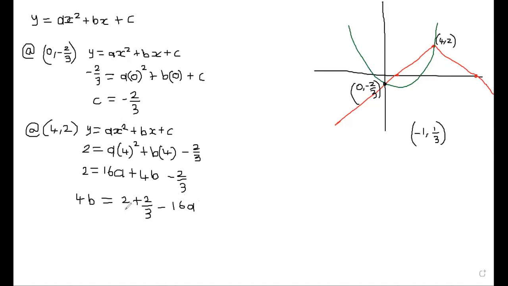Okay, now I want us to add this. It's like saying 2 plus 2/3, right? Now I want us to write 2 in terms of the denominator 3. So it's going to be what? It's going to be 6/3, right? 6/3 is the same as saying 2.